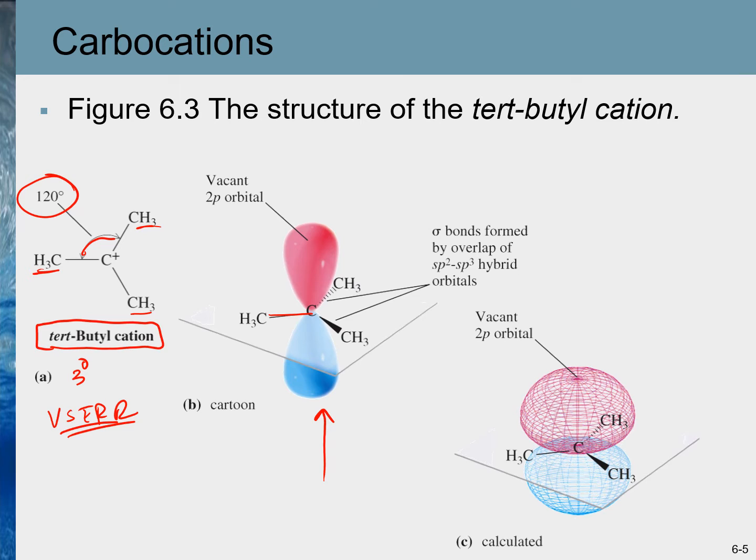According to the orbital hybridization model, the electron deficient carbon, this one, uses sp2 hybrid orbitals to form sigma bonds. So in case of carbon-carbon sigma bonds, it uses the sp2 and sp3 hybrid orbital overlap to form these bonds, and the vacant 2p orbital is lying perpendicular to the plane of the carbon-carbon sigma bond network. This p orbital is vacant because it's a carbocation, it has lost its electron.